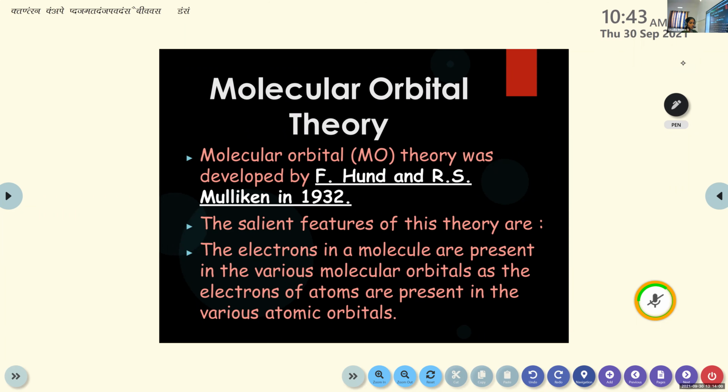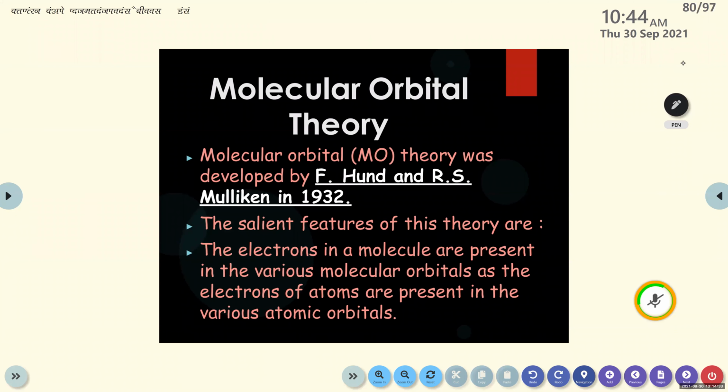Just as electrons are present in different atomic orbitals like s, p, d and f, these electrons are present in molecular orbitals in the case of a molecule. Clear? Shall I move to the next point?